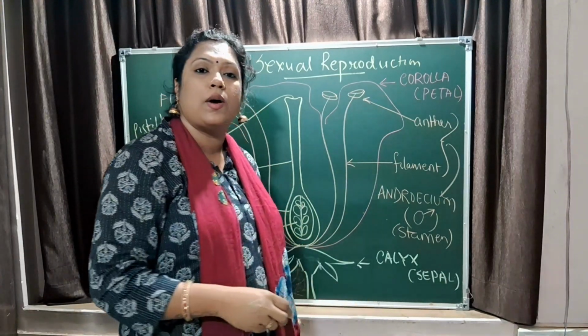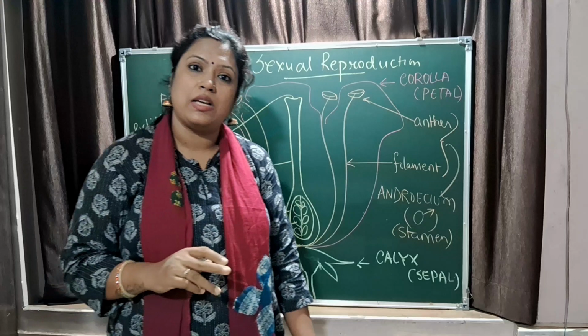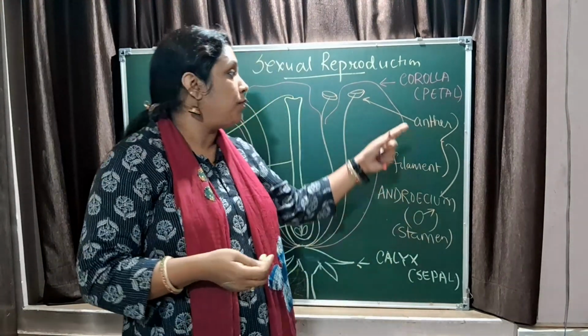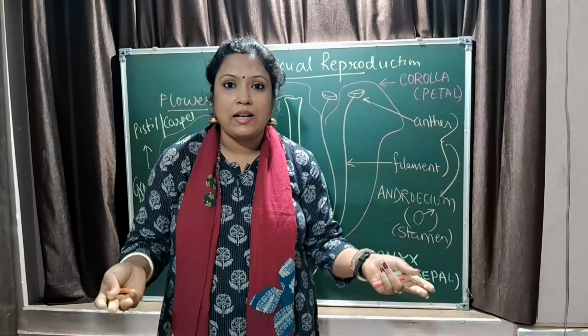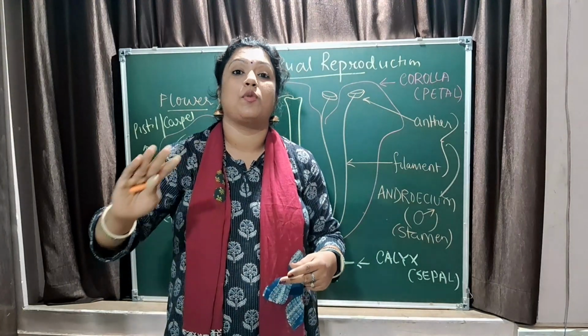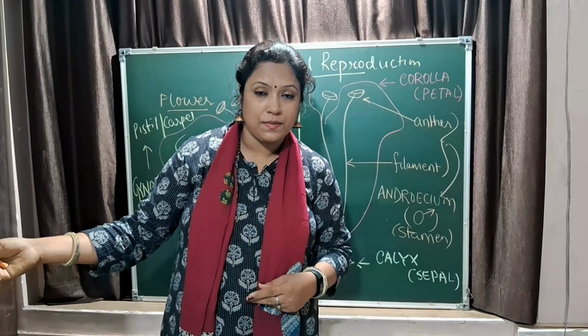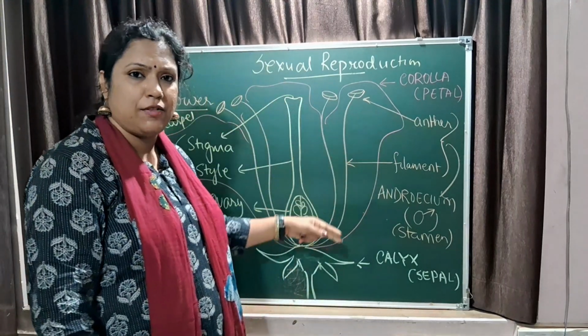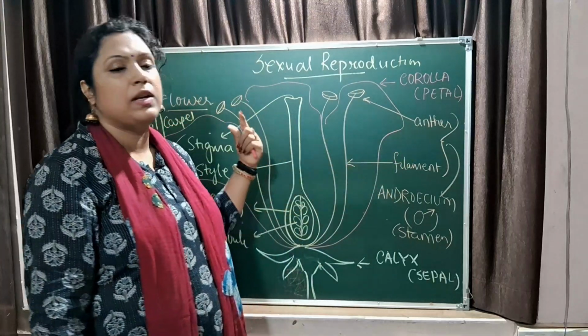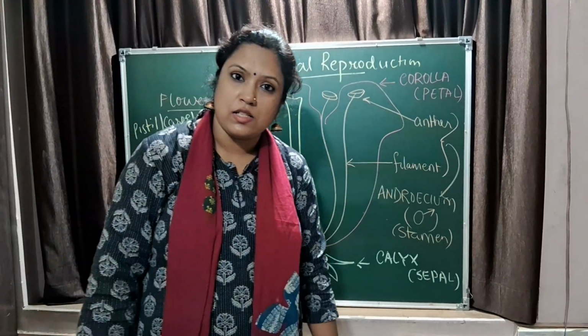The calyx protects the flower in the bud stage when androecium and gynoecium are maturing, and the function of the corolla is to attract the pollinating agent, so that pollination and fertilization can happen. So there is a function for everything, but they are still called the non-essential whorls, and androecium and gynoecium are called the essential whorls.